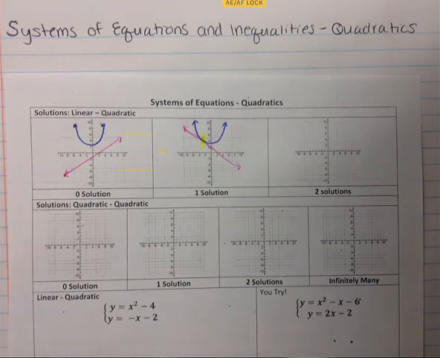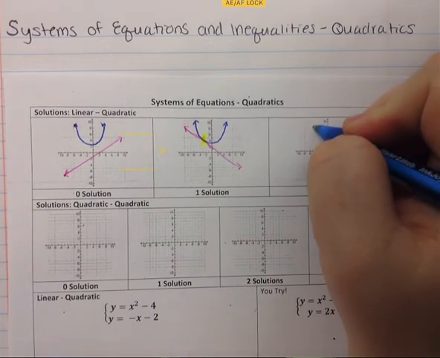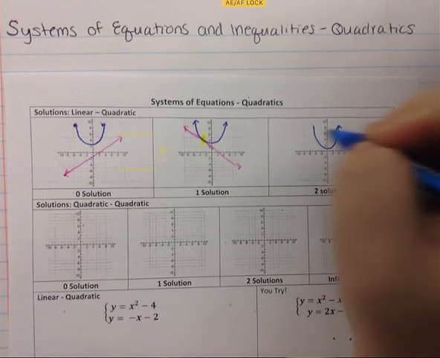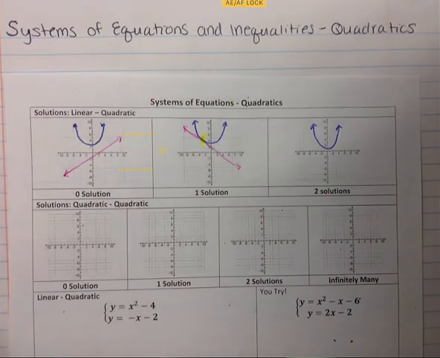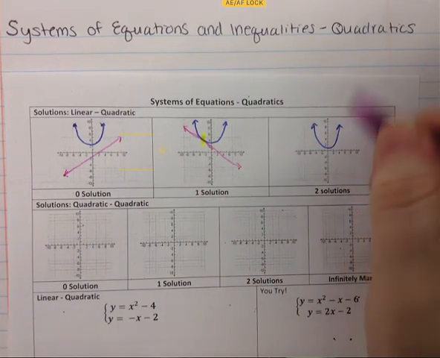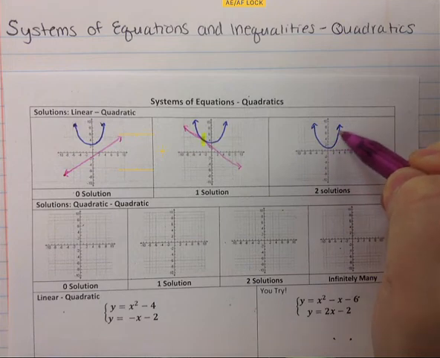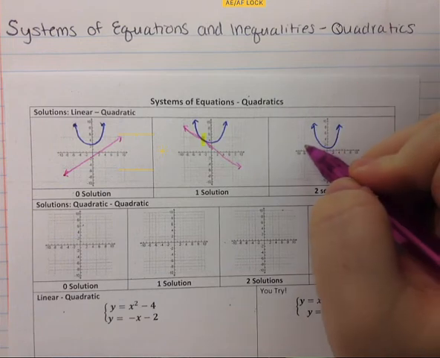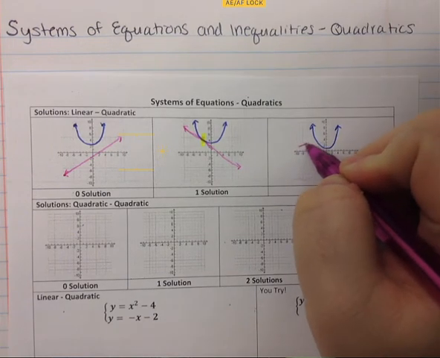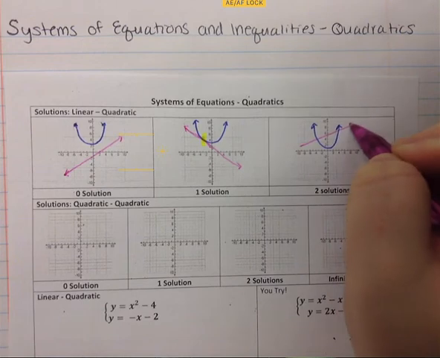For two solutions, we'll have, again, a basic parabola, and the line needs to make sure that it goes through twice. I want to make sure I show the solutions very clearly, with a solution here and then here.